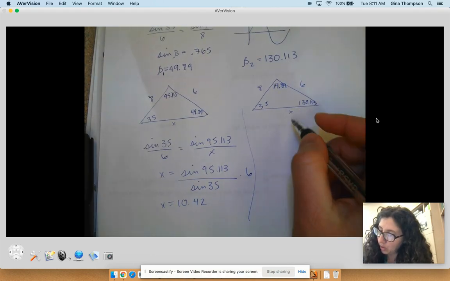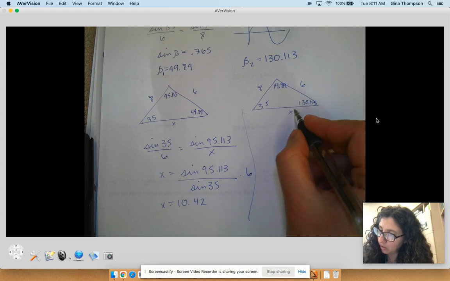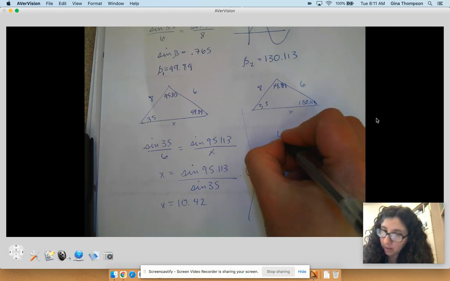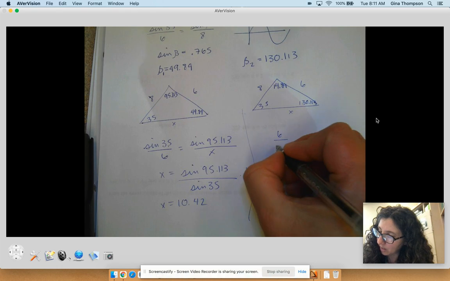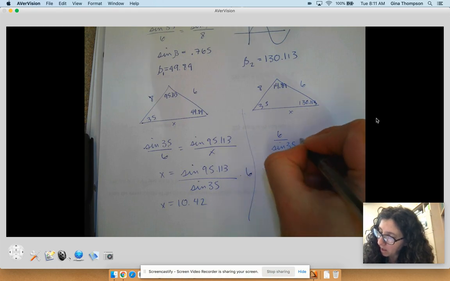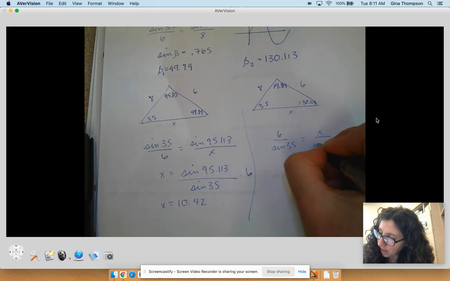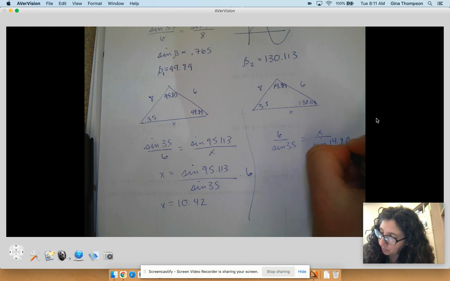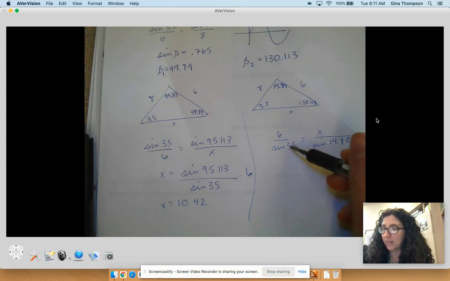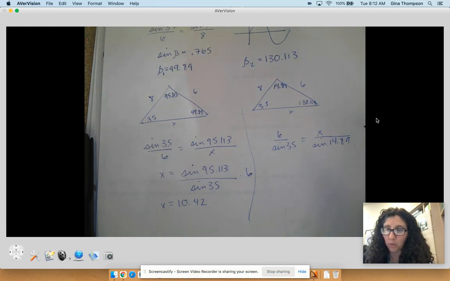And I can do something similar over here. Let's make it easier on ourselves and write this as 6 over sine of 35 equals x over sine of 14.89. We can either put the sines on the bottom or the top of our ratios, so let's just do it that way so it makes it more straightforward.